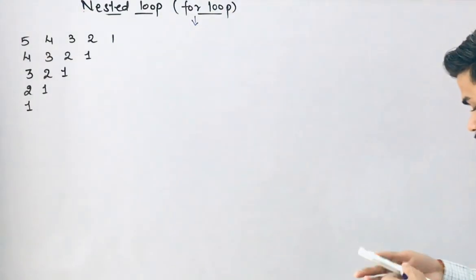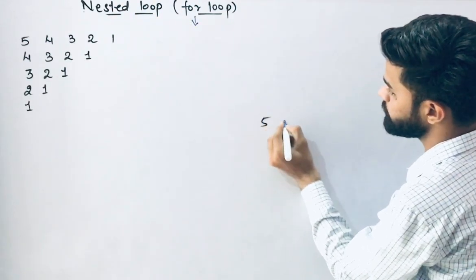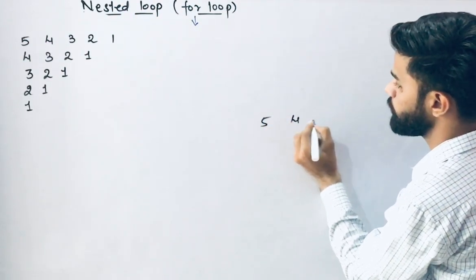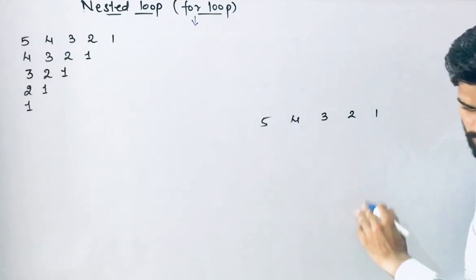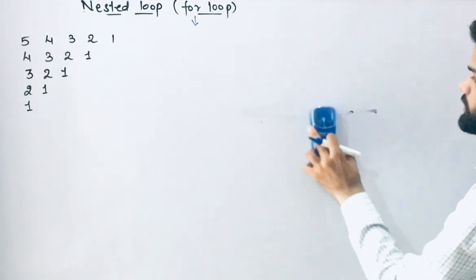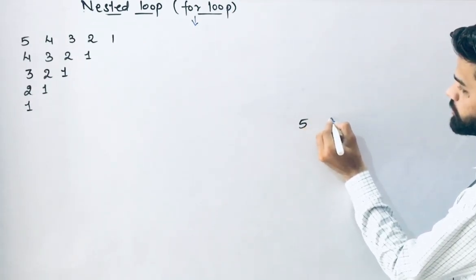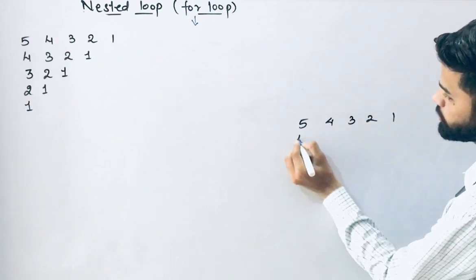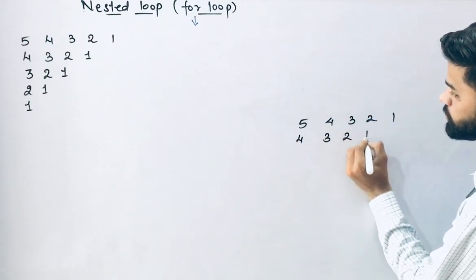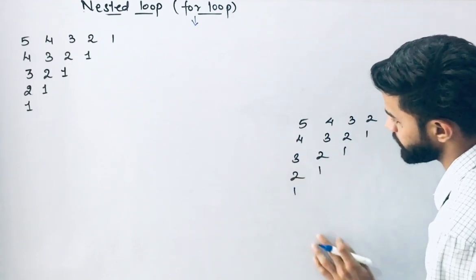So let's see. Suppose the pattern is, I am writing it here: 5 4 3 2 1, then 4 3 2 1, then 3 2 1, then 2 1, and then 1.